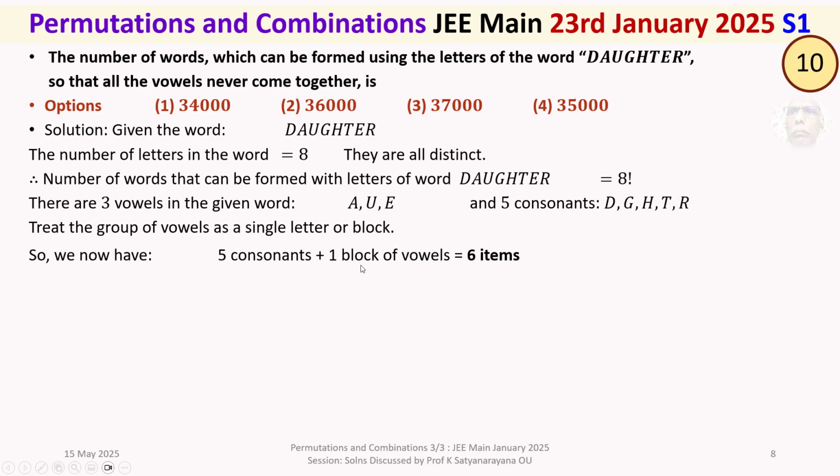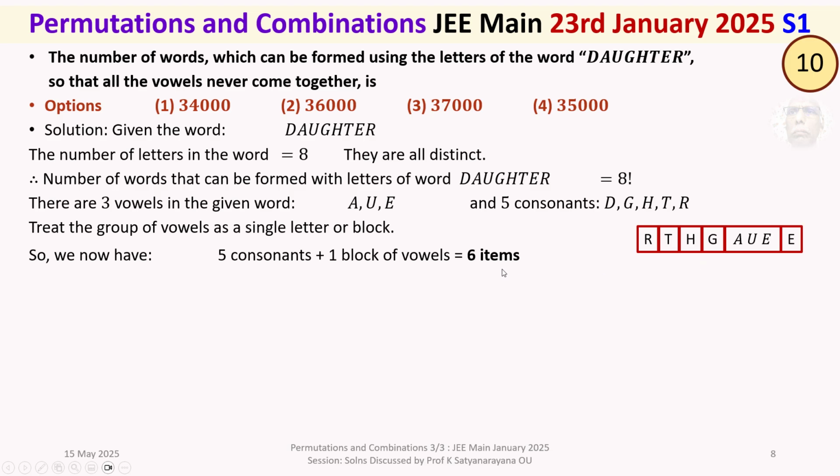Therefore 5 items plus one item, that is 6 items are there. So one block of vowels, that is A, U, E as one block, and the remaining 5 are here. Of course, this is one way of writing, one choice that I have depicted here.